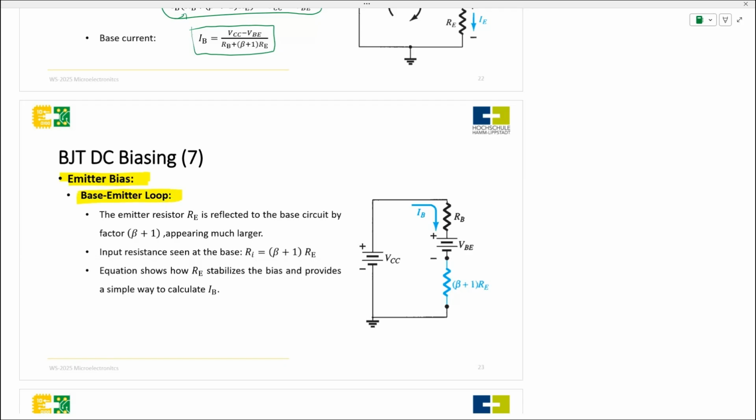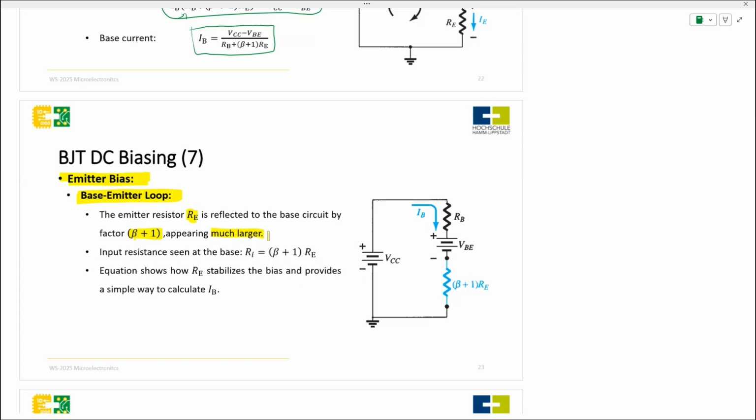The emitter resistor RE is reflected to the base circuit by a factor of beta plus 1, appearing much larger. We know why beta plus 1, we already discussed that. So the IB will go through RB and RE, but multiplied by beta plus 1.